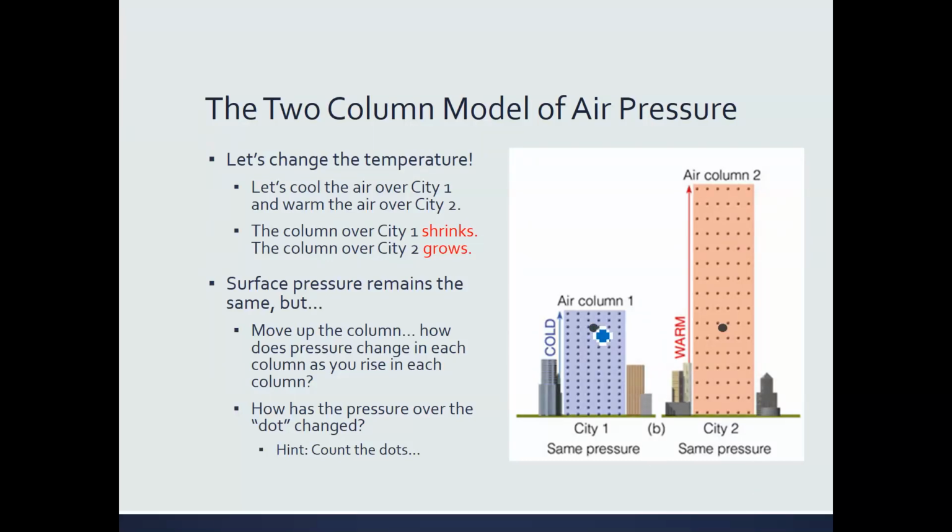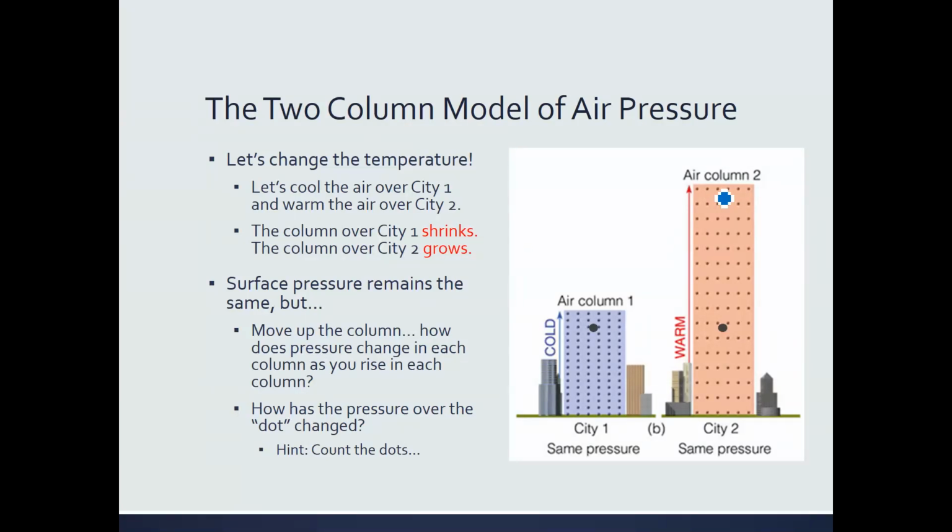So here's that elevation over column 1, and we have 6, 12, 18. So the pressure at this elevation over City 1 is 18. Meanwhile, the pressure over here is 6, 12, 18, 24, 30, 36, 42, 48, 54, 60. It's 60.